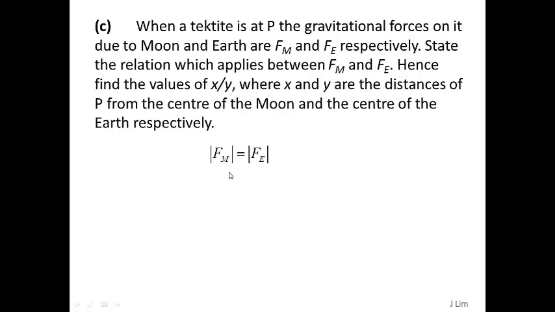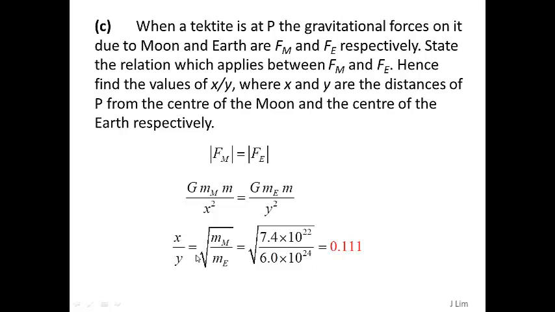So at this point, the force of the Moon is equal to the force of the Earth, because at P the gradient is 0, so the net force is 0. So the pull of the Moon must be equal to the pull of the Earth. So we have G M_Moon m divided by x squared equal to G M_Earth m divided by y squared. Rearranging the terms, we get x over y to be 0.111. This is a ratio, so there are no units.